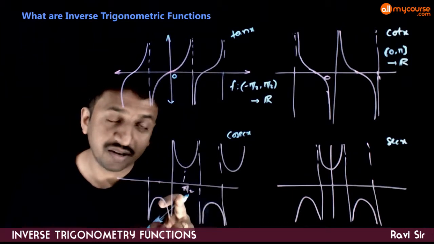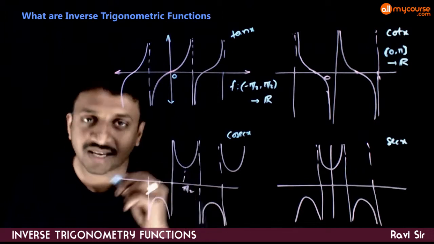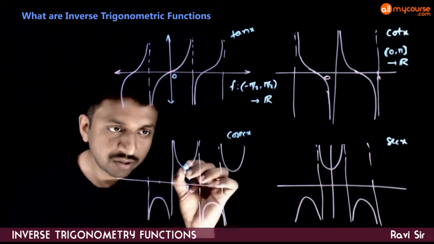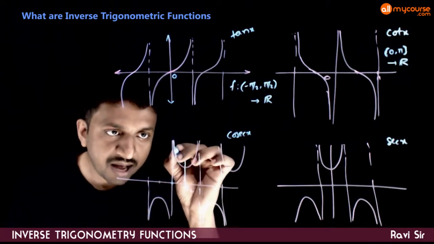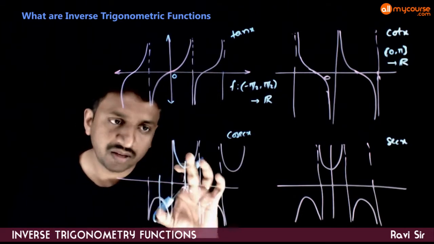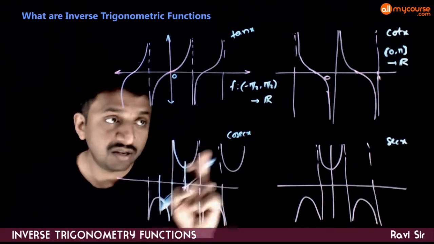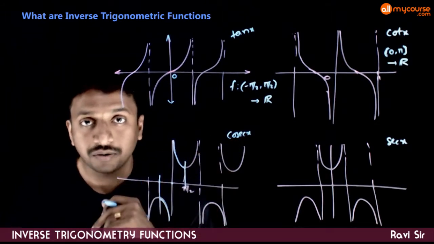And for the function cosecant x, cosecant x is not defined where sine is equal to 0. So we take half an arm here and half an arm here. With respect to these two arms, cosecant x is 1-1 and onto.